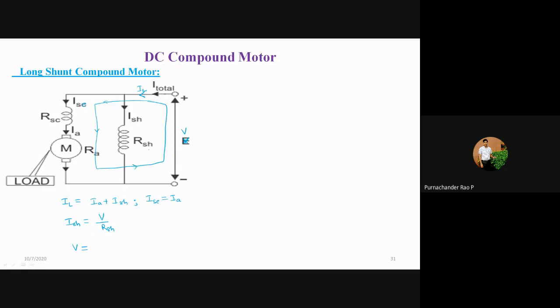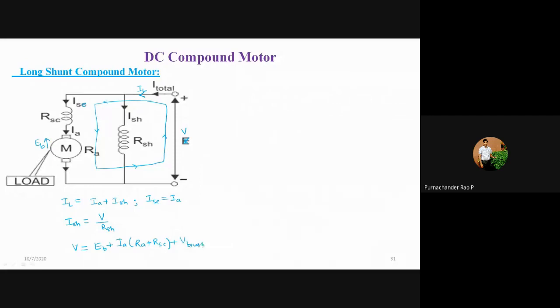The applied voltage V is equal to the back EMF in the motor, EB, plus the armature current times RA, and the same current passes through the series field winding, so plus IA times RSE, plus the voltage drop across the brush, V brush.